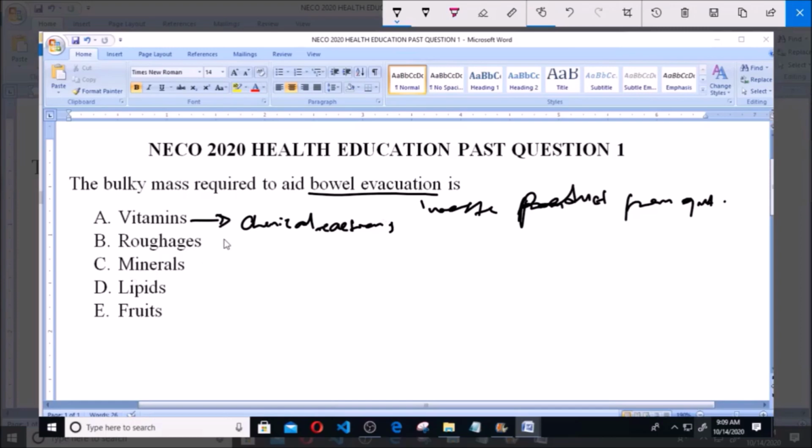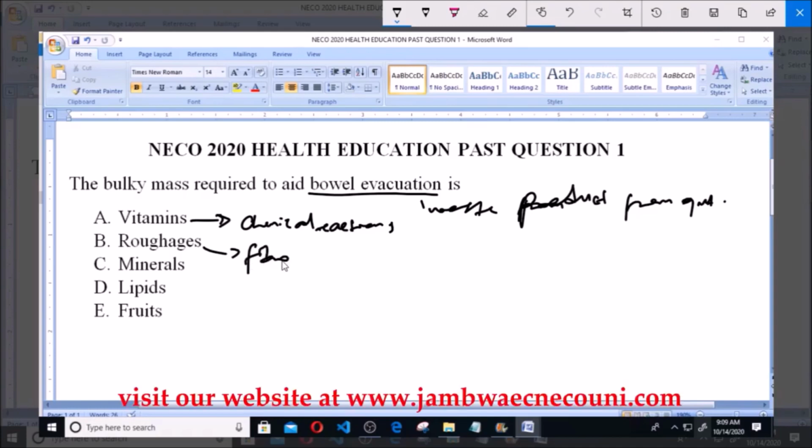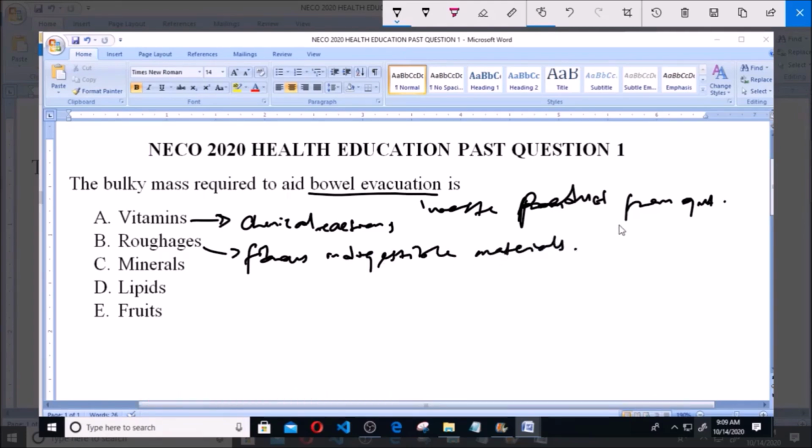Now, option B here says roughages. Roughages are fibrous indigestible materials that are found in foodstuff and also mostly in vegetables.